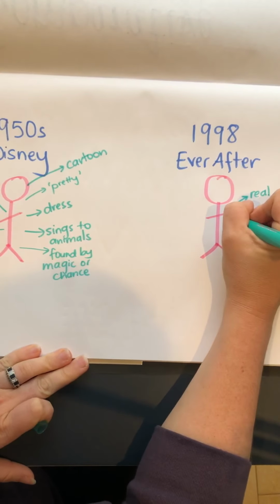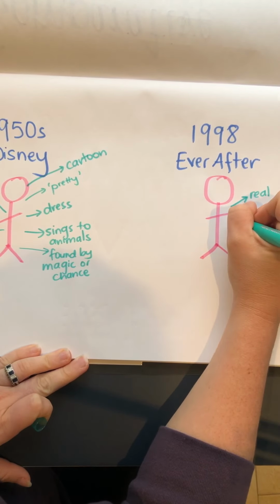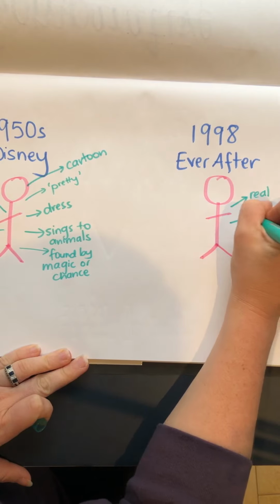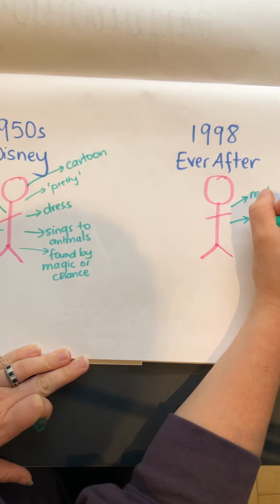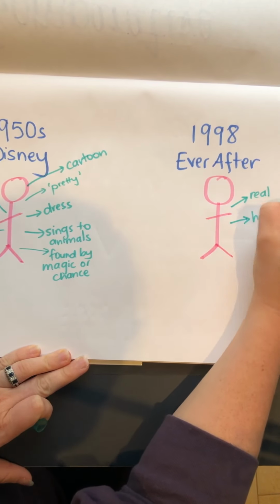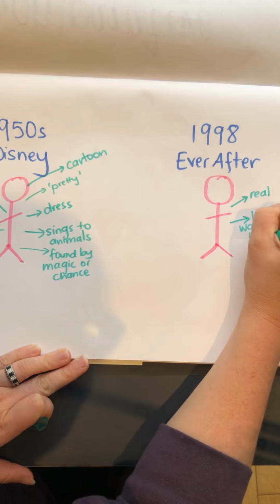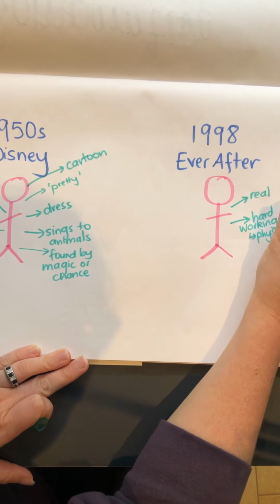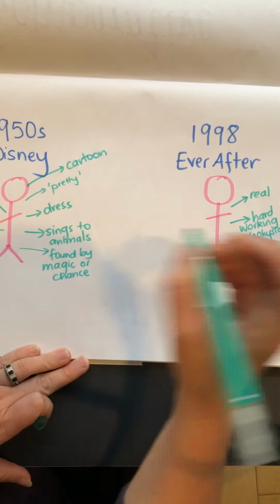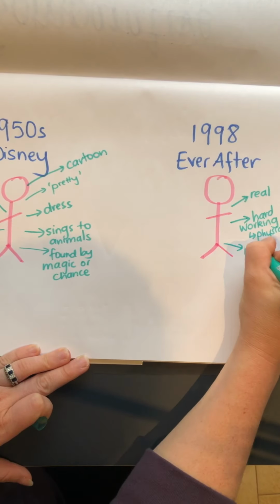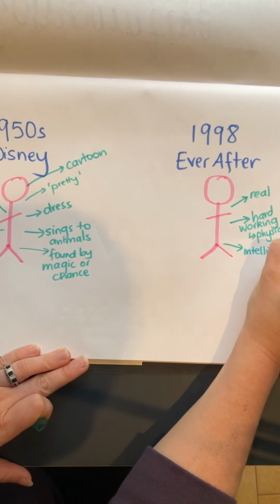For starters, it's not animated. Okay, she's hardworking. We have a focus on that, and we seem to have, not that this Cinderella wasn't, but we seem to have the physical effects of that, impact of that. We have her as being very intelligent, and we can tell that.